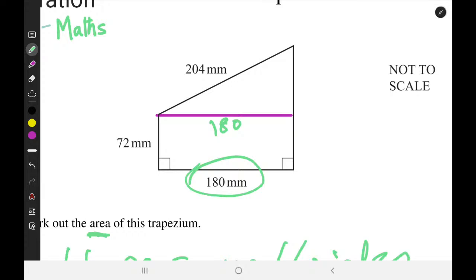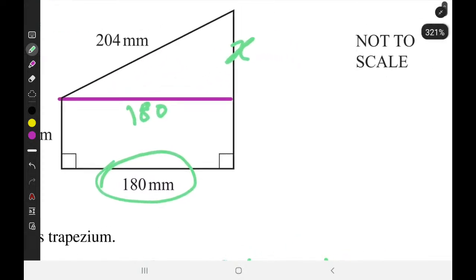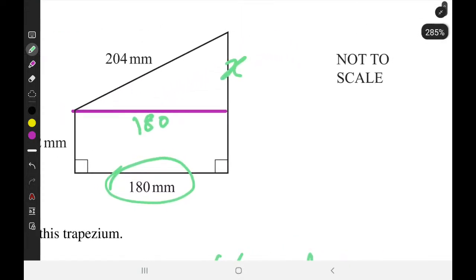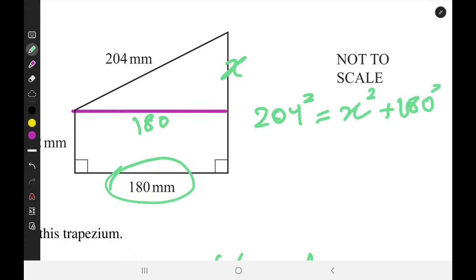Now what can I do to take out the third side, x? Of course, Pythagoras theorem. So let me apply Pythagoras theorem over here. This is going to be 204 square is equal to x square plus 180 square.